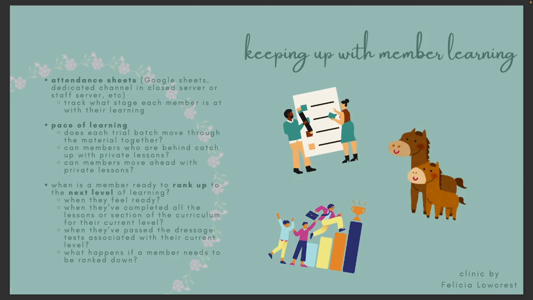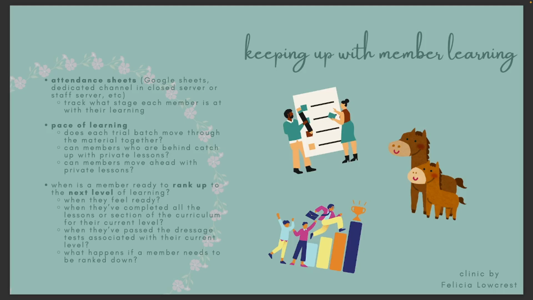Other things you want to think about, in terms of when they are ready, is what lessons or sections of the curriculum they need to complete with regard to their current level. What happens if they need to redo a lesson? How do you communicate that to them?